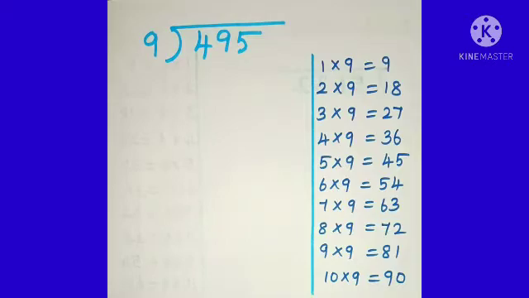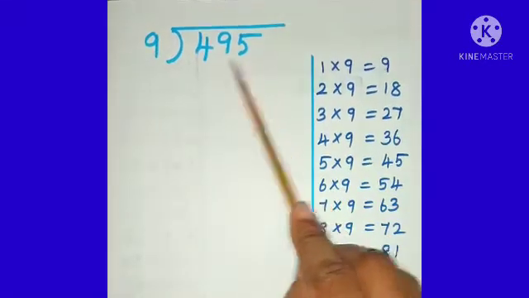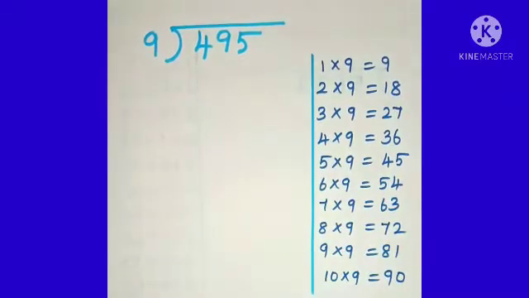To find the number of pages she can fill, we have to divide the total number of photographs by the number of photographs on each page. That is, divide 495 by 9.